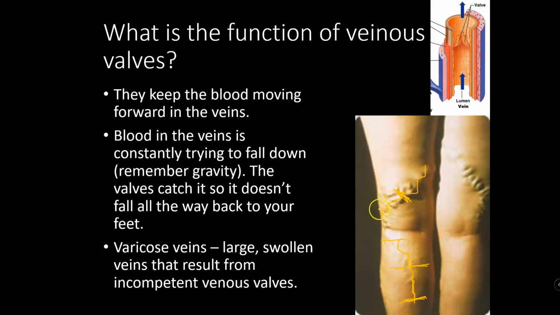Well, that puts more pressure on this valve down here, and it makes this valve more likely to fail, which makes this valve more likely to fail, and so on. And so it makes all the veins past that first valve more likely to swell and become visible. And so varicose veins happen because the valves fail and blood is starting to pool and it's visible.